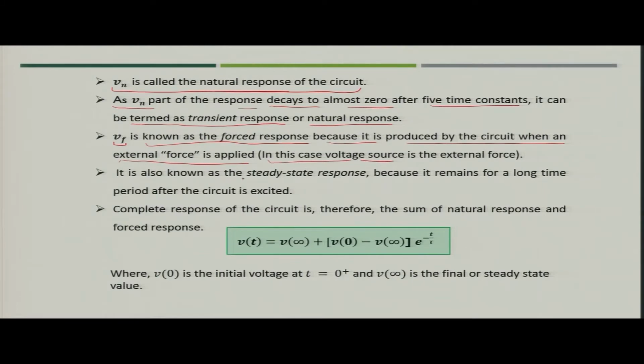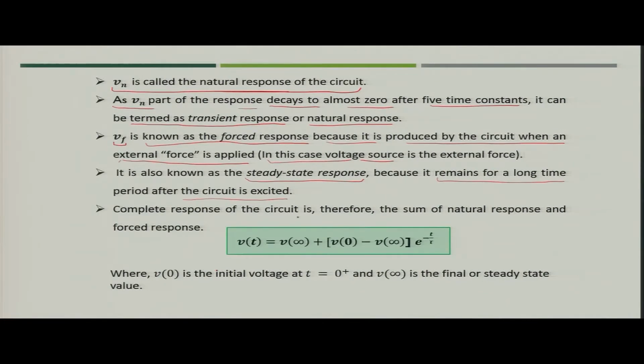We also call this the steady state response, because it remains for a long time after the circuit is excited. That means this is the value of either the voltage across the capacitor or the current through the inductor after a very large time delay, say time t tends to infinity. In that case, this would be the steady state response of the circuit.